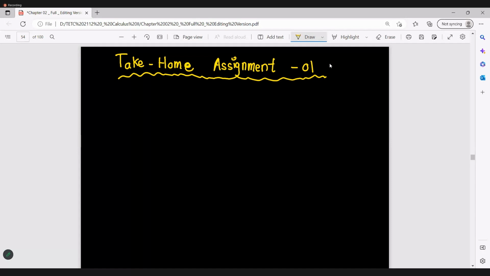Okay. So let's see the first part of example number 6. We are going to do question number 6, part A. So our problem is y double dash.